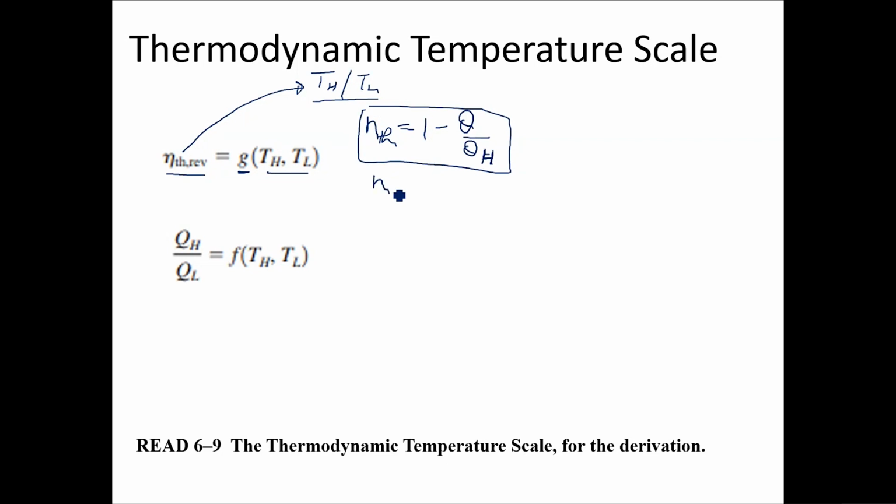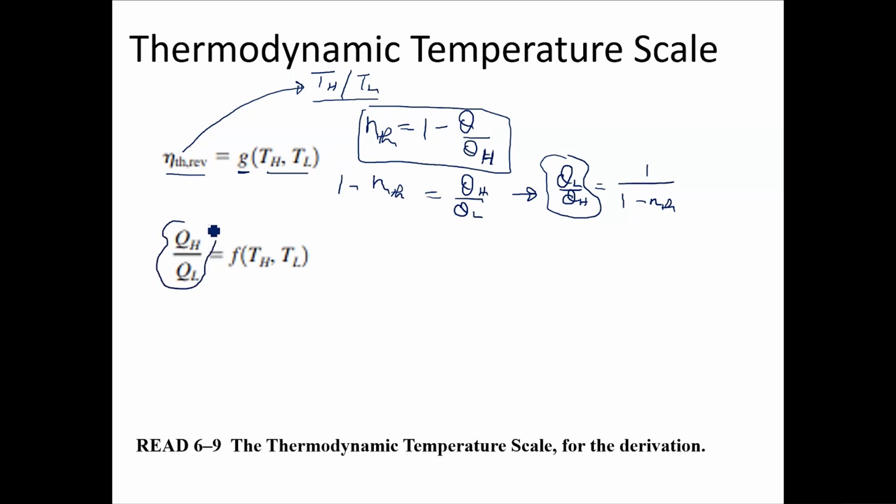Now I can say that 1 minus efficiency is essentially QL over QH, or I could convert it into the fact that QH over QL is essentially 1 over 1 minus efficiency. So the only thing that is important is QH over QL.